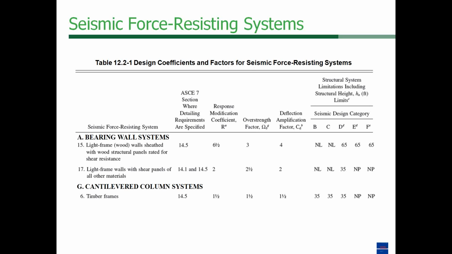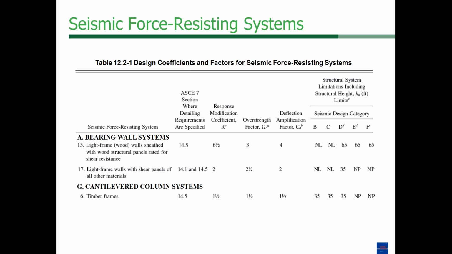And then item 6 under the cantilever column system, examples of this would include a post frame structure where the posts are embedded into the ground, and those are typically one-story structures, and you might also get some pile supported structures in this group as well.